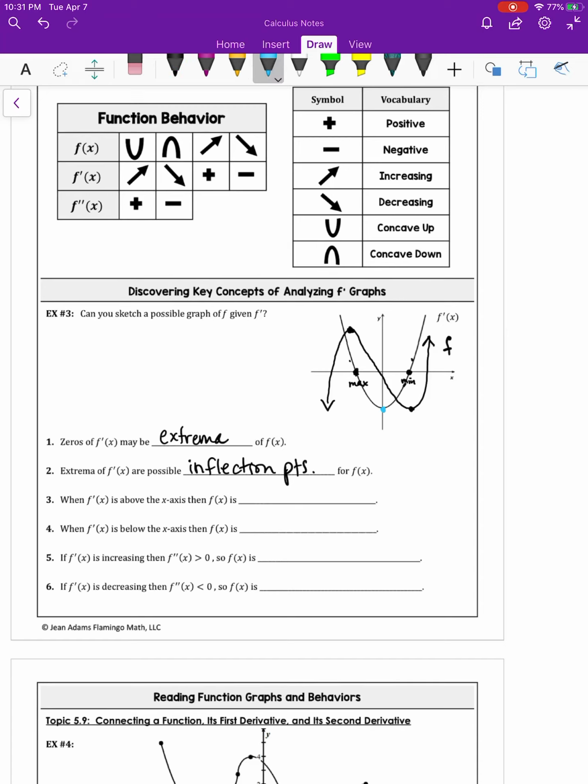What they mean by that is, and I'm going to do this in blue, this extrema, which was your minimum of your derivative, ended up coinciding with a point of inflection where it changed from being concave down to concave up, right? So that was your point of inflection.